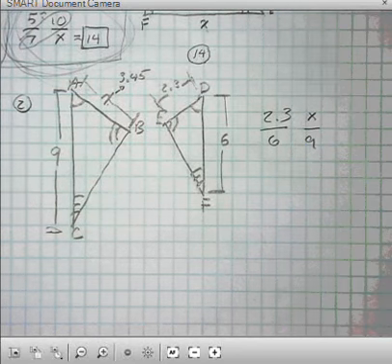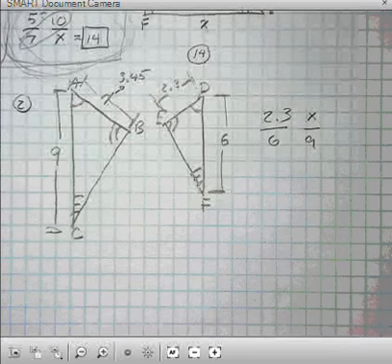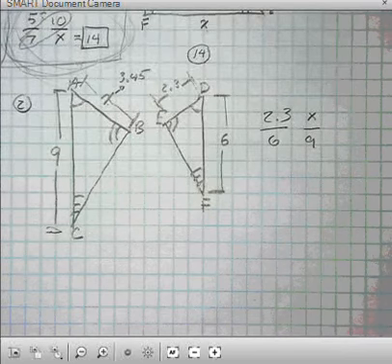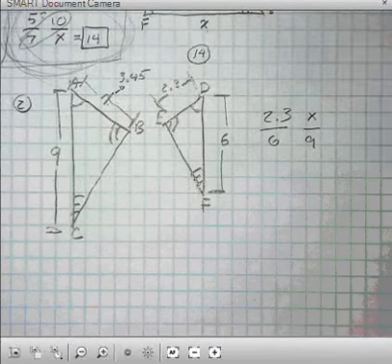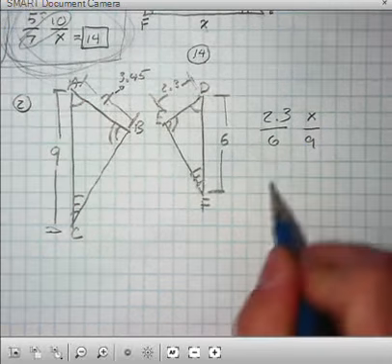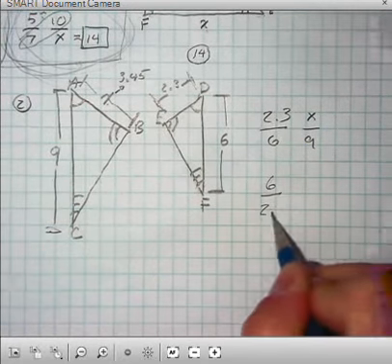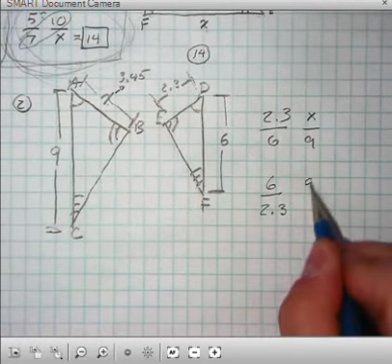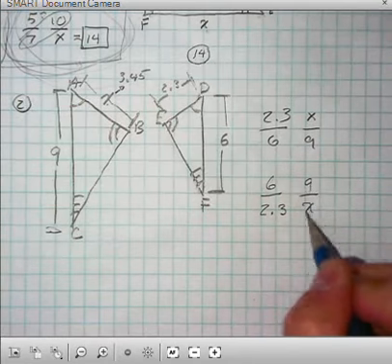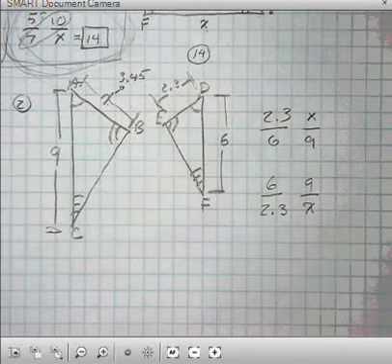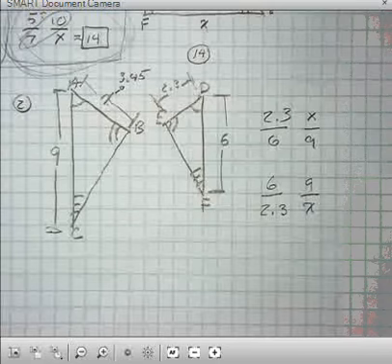Scout? Well, I didn't set up a proportion, but since you're adding 3 to 6 to get 9, that's half of 6, so half of 2.3 added to 2.3.